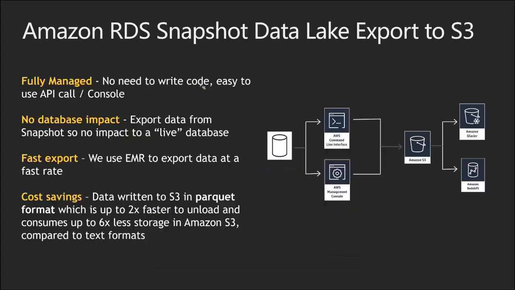Export to S3 is a feature which is getting ready for launch, and we already announced it. So basically what that does is allow you to take data from your Aurora backup and export it to S3. You don't need to write any code. It's fully managed, and basically you say which data you want.